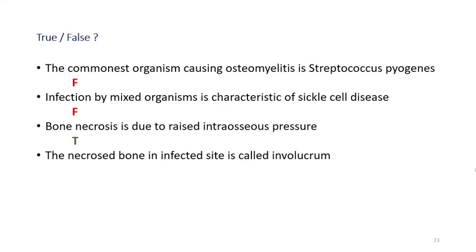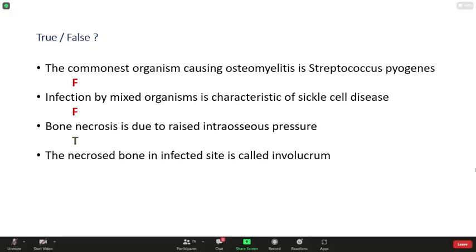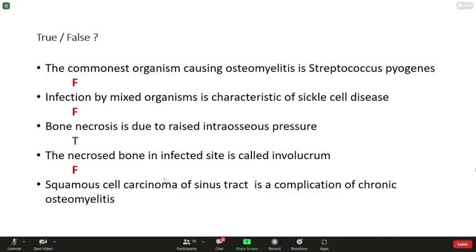Is it true? False. It is the rim of the new bone. Squamous cell carcinoma of the sinus tract is a complication of chronic osteomyelitis. True. Though it is uncommon, it is a possible complication.